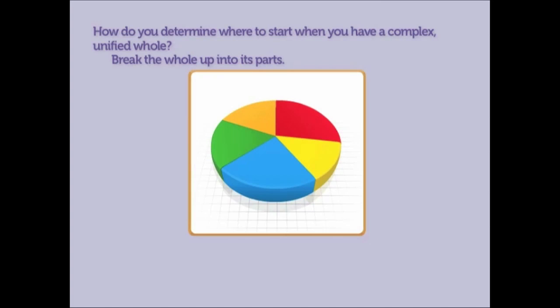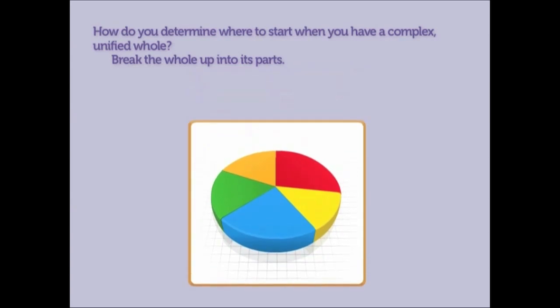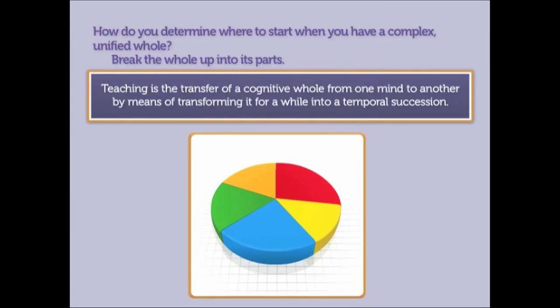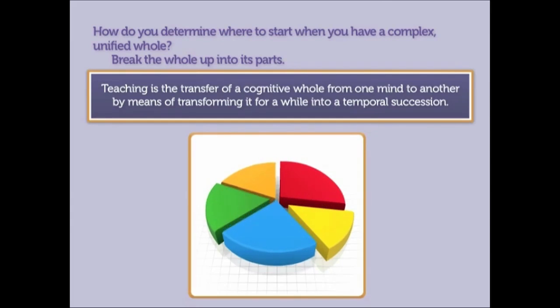So if I wanted to give a definition of teaching or communicating in general from this one perspective, I like the following. See what you think of this one. Teaching is the transfer of a cognitive whole from one mind to another by means of transforming it for a while into a temporal succession. I like that, I must say. Should I repeat that?